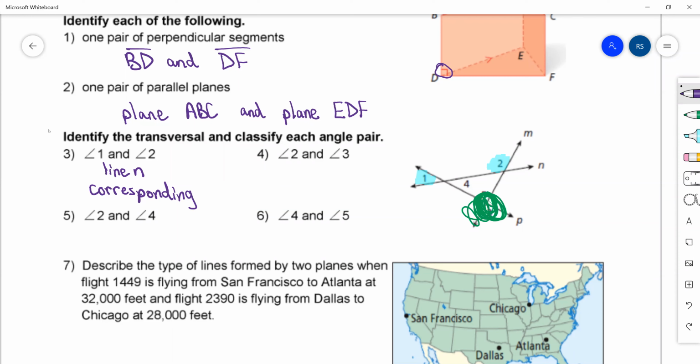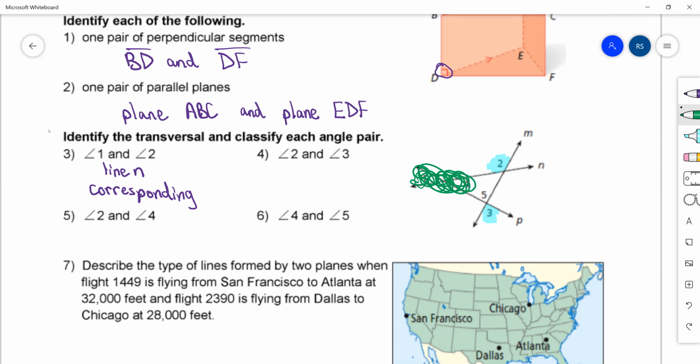Okay, now let's look at angle 2 still, but now we want to look at angle 3. So 2 and 3. We're not using this corner, so cover it up. Okay, which line is our transversal that cuts through both of the other 2 lines?